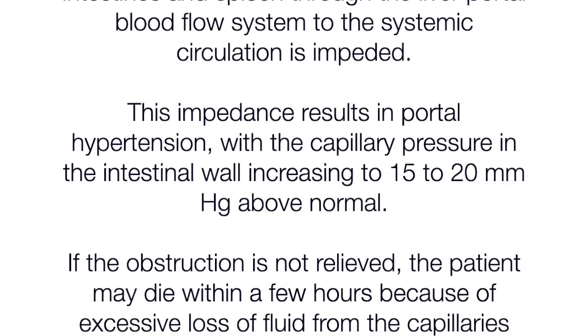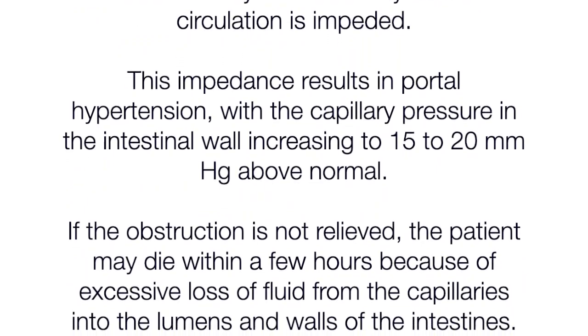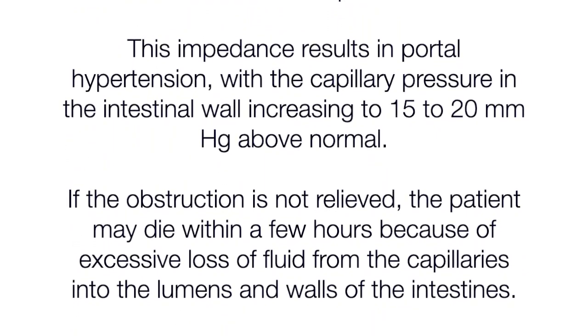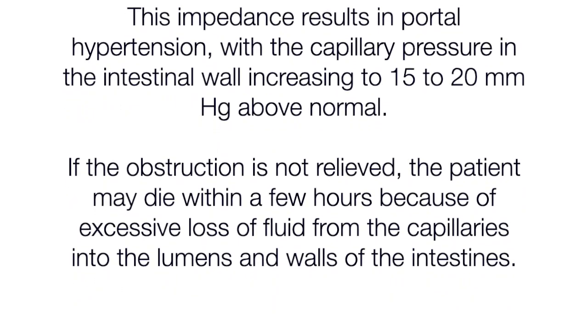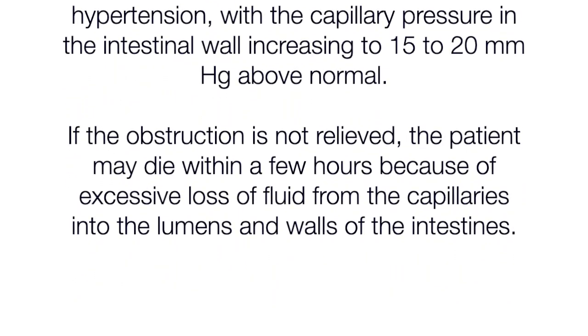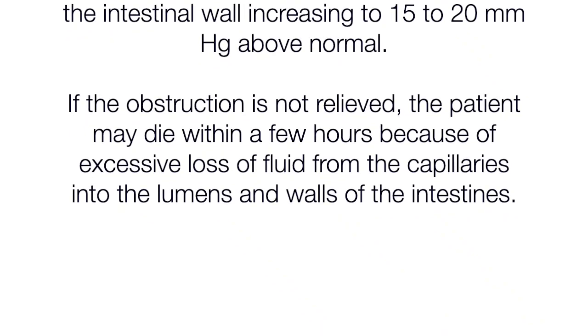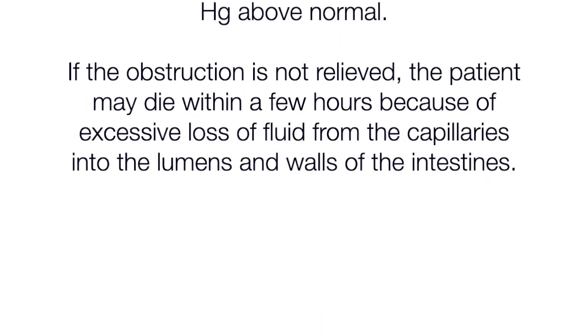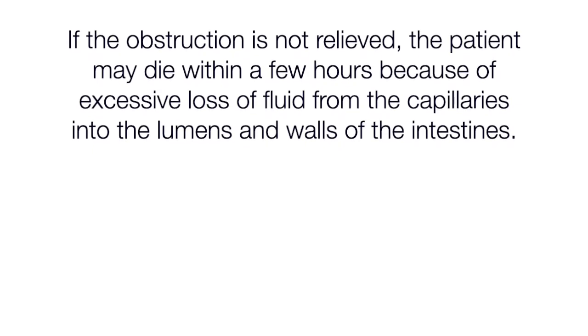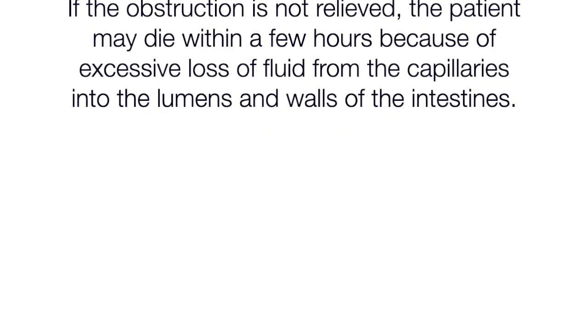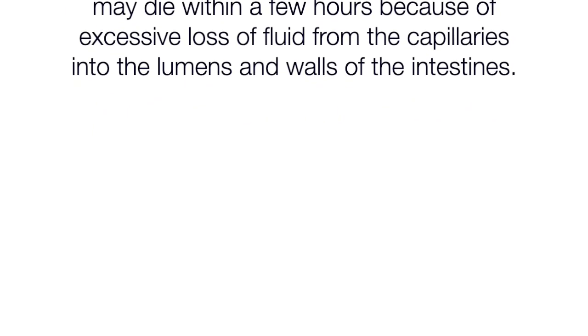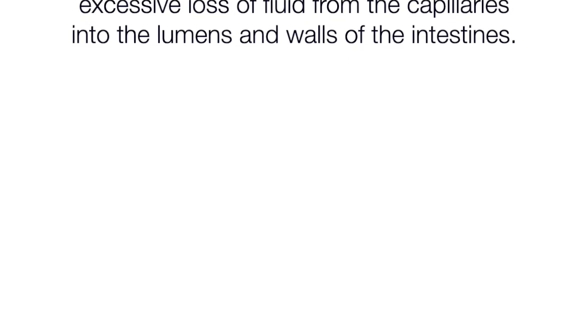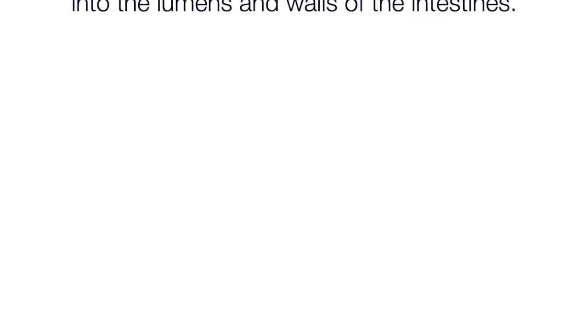This impedance results in portal hypertension, with the capillary pressure in the intestinal wall increasing to 15 to 20 millimeters above normal. If the obstruction is not relieved, the patient may die within a few hours because of excessive loss of fluid from the capillaries into the lumens and walls of the intestines.